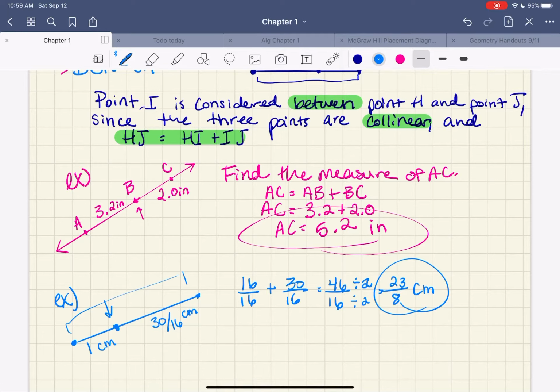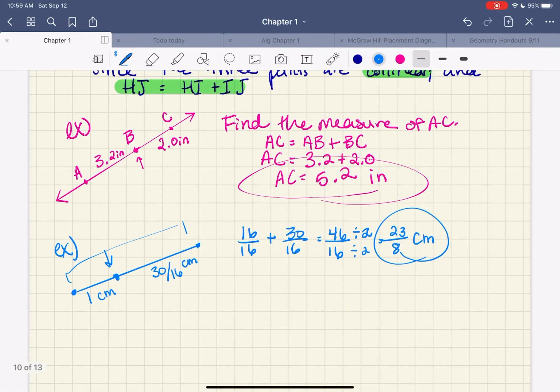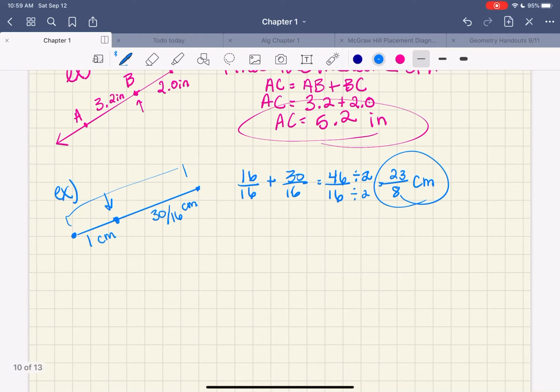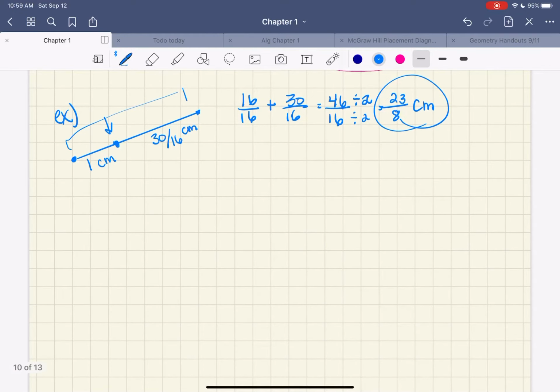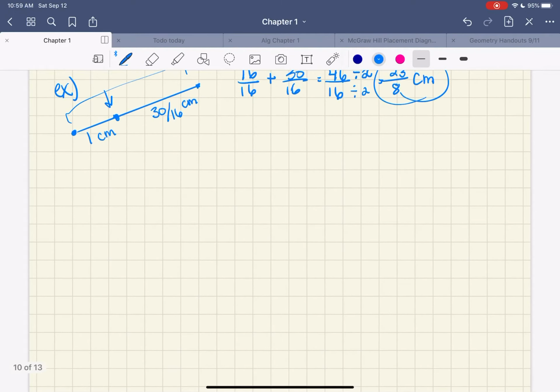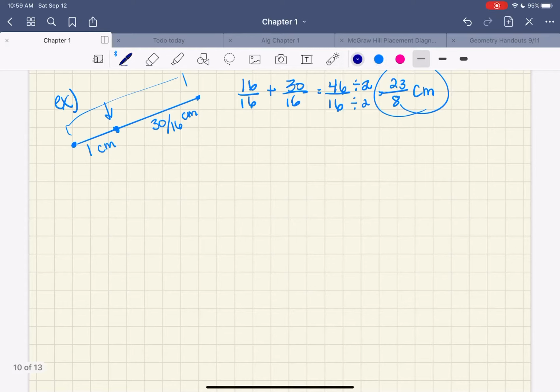I don't know, that doesn't seem super useful, I know, but it's possible, and that's why we look at it. If you have a real world example, you are probably not going to have something like 23 over 8 centimeters as your answer.